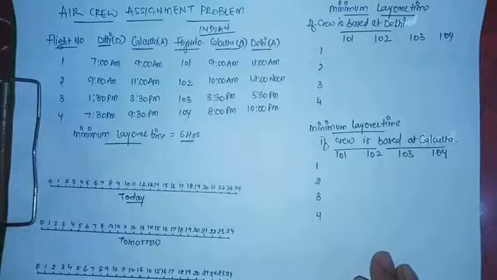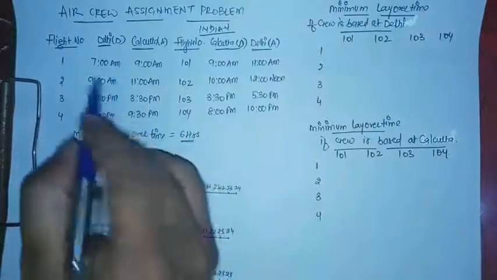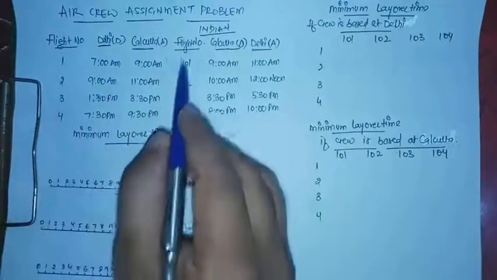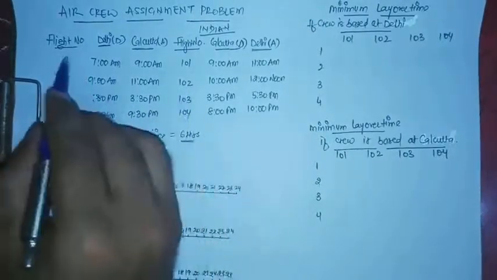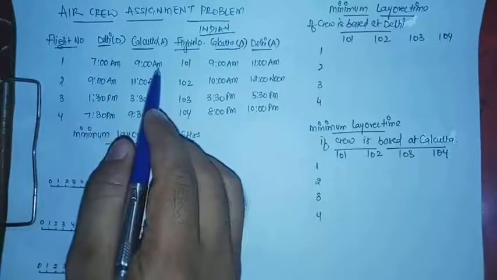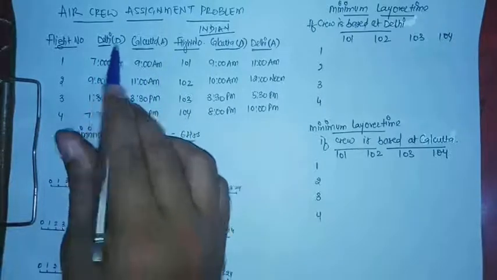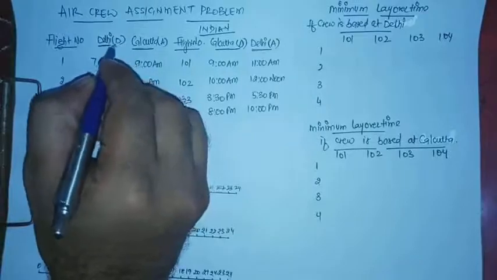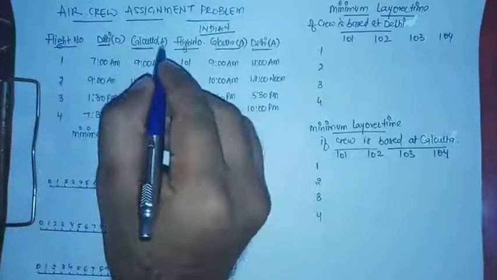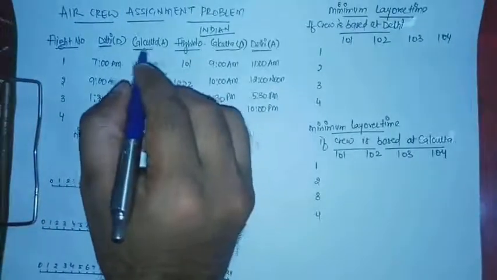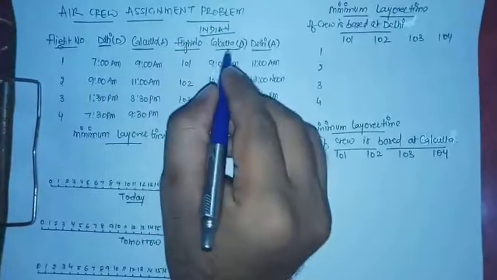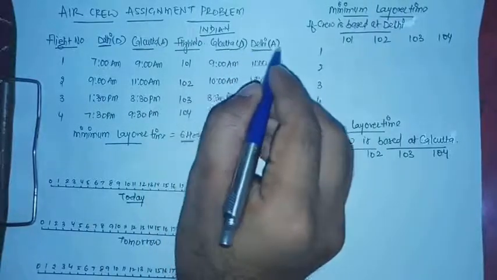So now how to frame the matrix? You can see flight numbers 101, 102, 103, the flights which are starting departure. Here D means departure from Delhi. A means arrival at Calcutta. Again, flight departure from Calcutta, arriving at Delhi.